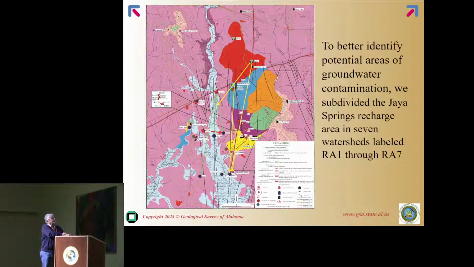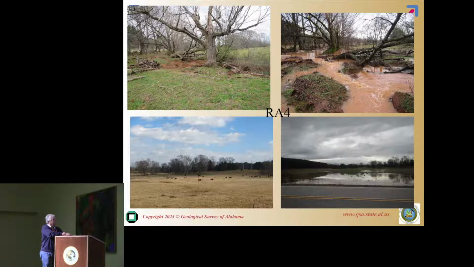To better identify potential areas of groundwater contamination, we subdivided the Yaya Spring recharge area into 7 sub-watersheds, and I labeled those RA1 through RA7. Here is an example: RA4 was in the middle of a pasture field with a bunch of cows. Here it is during the dry season, in the middle of the summer, and here it is after 5 inches of rain in 2 hours.